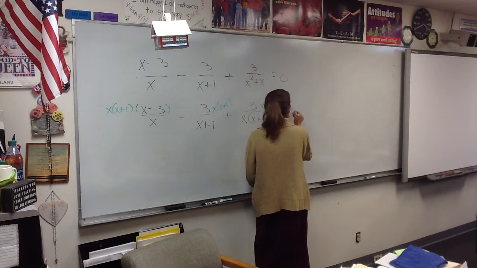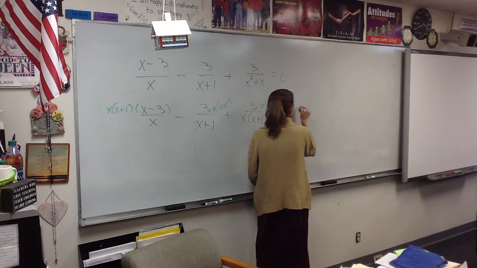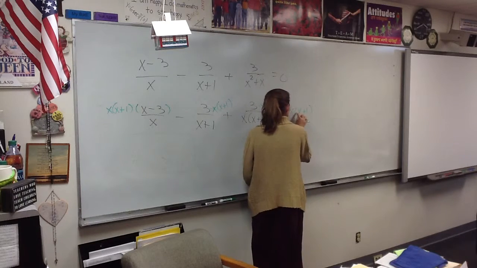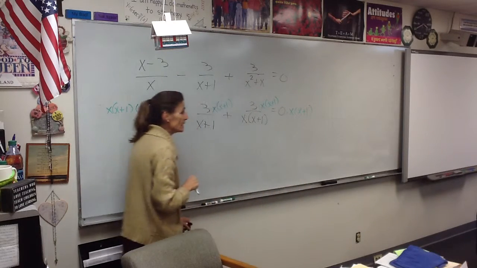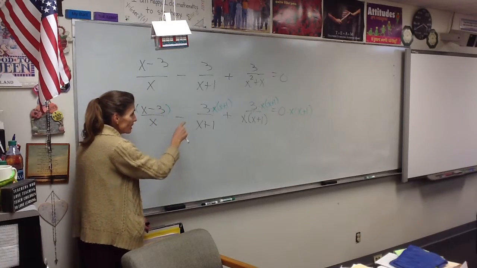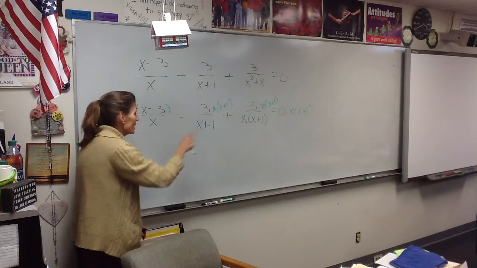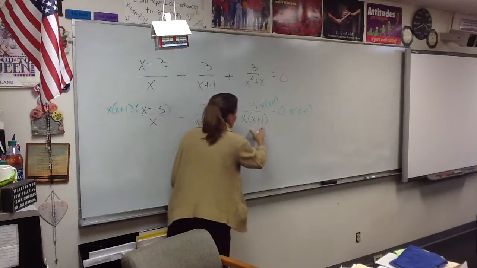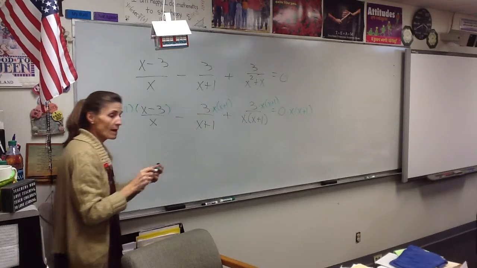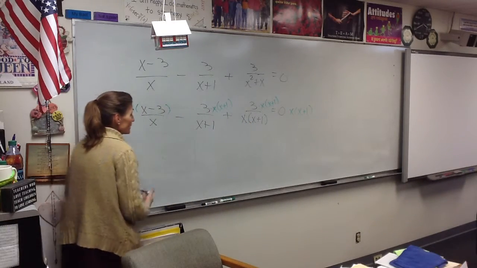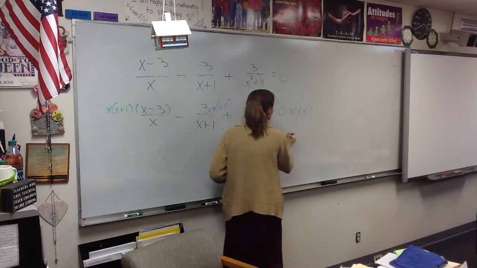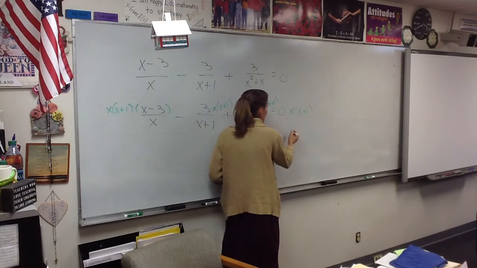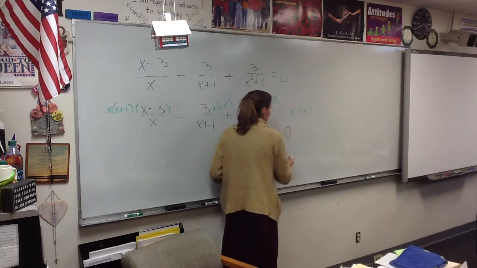And yes, x times x plus 1 times the 0. Every part of the problem, every piece, is multiplied by x and x plus 1. Now, this is fine. It just stays 0.